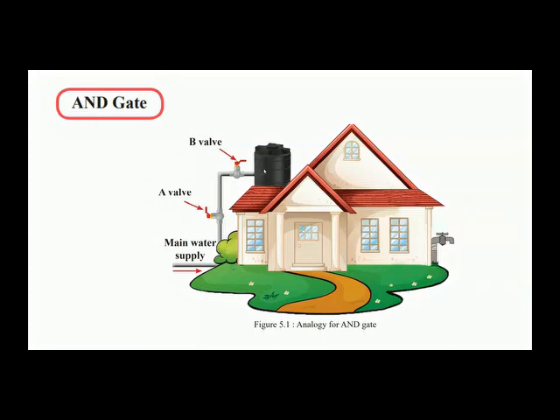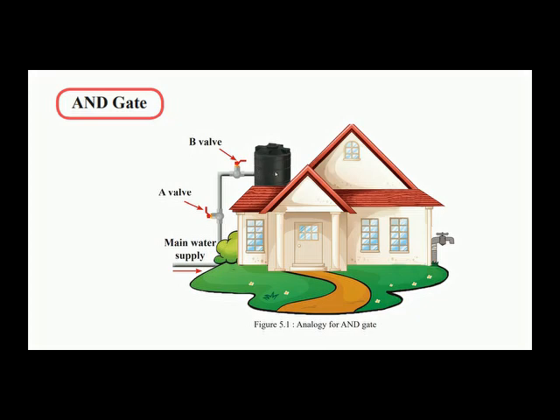In order for this tank to be filled, we need to open this valve, and we also need to open this valve too. Otherwise, if we open this valve and have closed the other valve, will the water go into the tank?